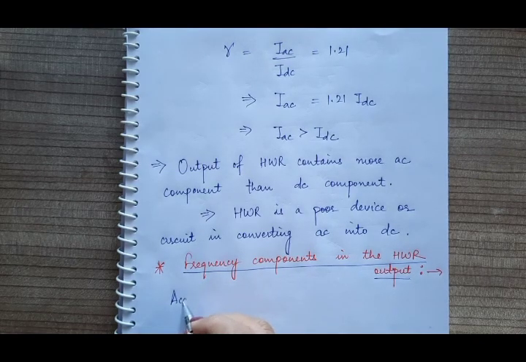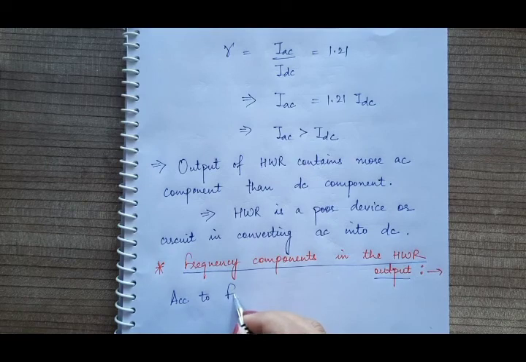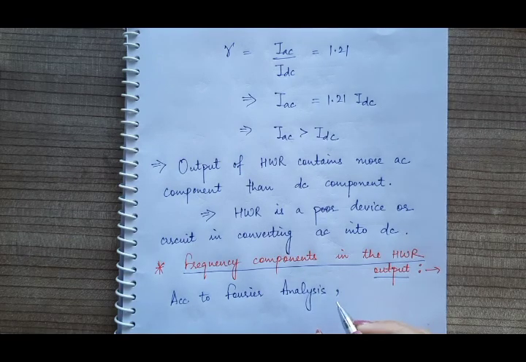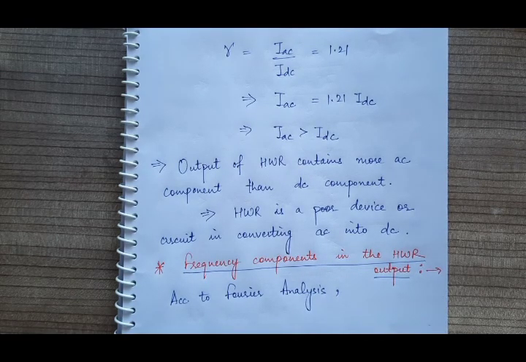According to Fourier analysis, the expression of output current which we have studied, that I is equal to I naught sin omega t, is the instantaneous value of current and it is the input current.